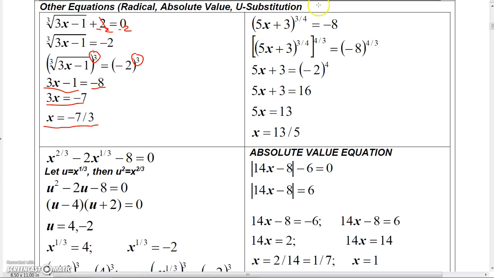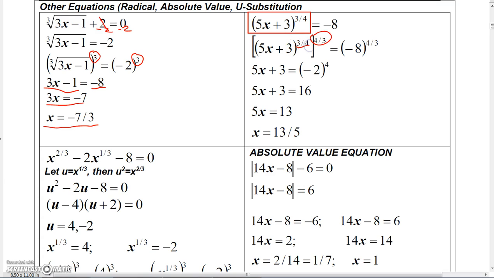Well, if you take a look here, I've got 5x plus 3 to the 3/4 power. Okay, so what do I need to do? I want to get rid of this 3/4 power. Well, it turns out if you have something raised to the 3/4 power, if you raise that expression to the reciprocal power, which is 4/3, then that will eliminate the 3/4.